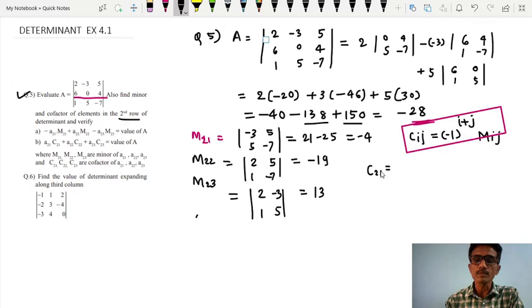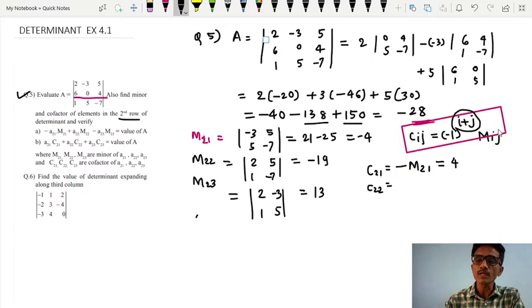If i plus j is odd, then minus 1 raised to power odd will be minus. So C21 will be minus of M21, and what is M21? It is minus 4, so it will be plus 4. C22 is equal to, i is 2 and j is 2, so 2 plus 2 gives 4.